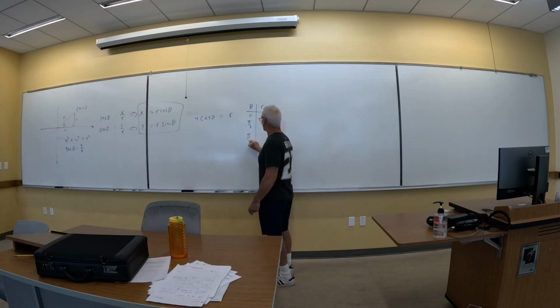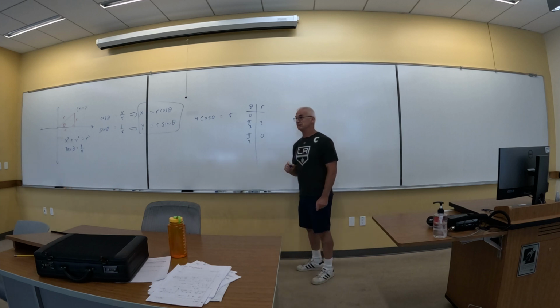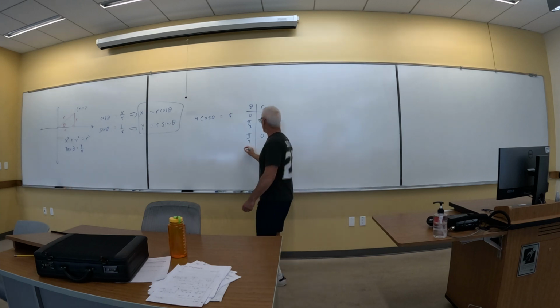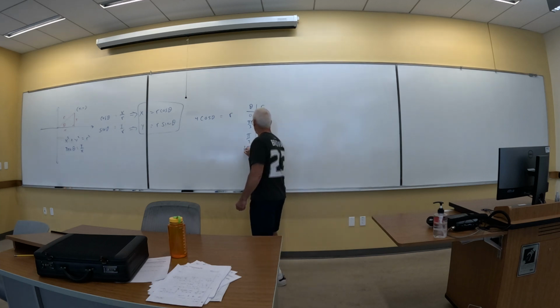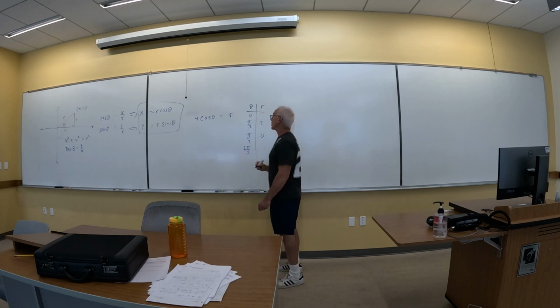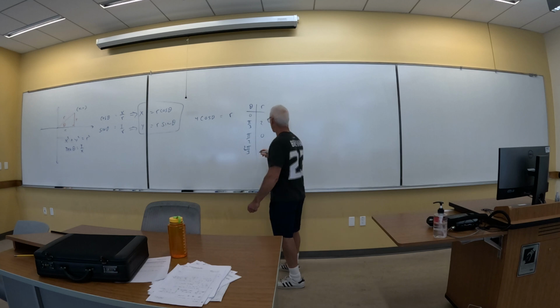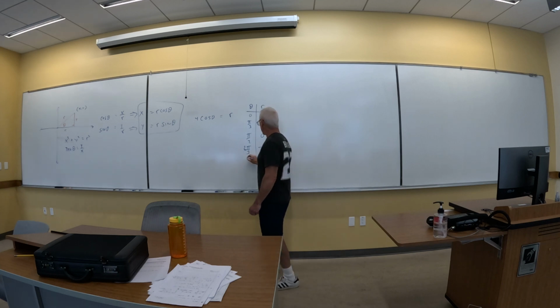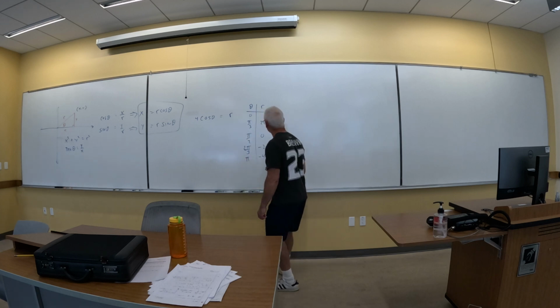Cosine of pi over 2 is 0. That's still important. Then if I do 2 pi over 3, the cosine is negative a half, so now I'd be at negative 2, which is kind of a weird one. We'll figure that one out. And then at pi, we're at negative 4.